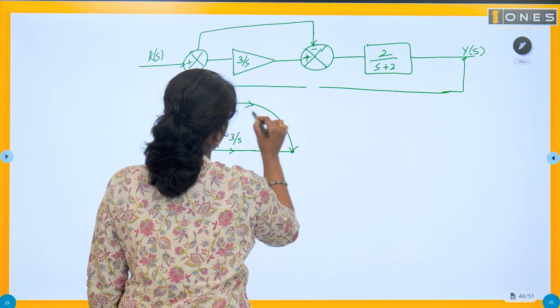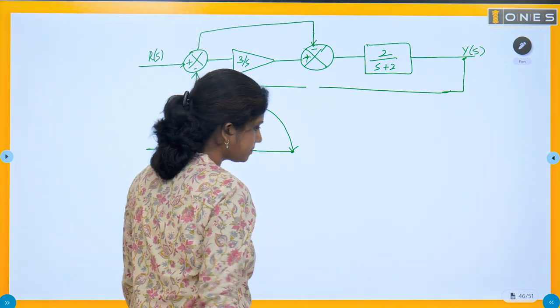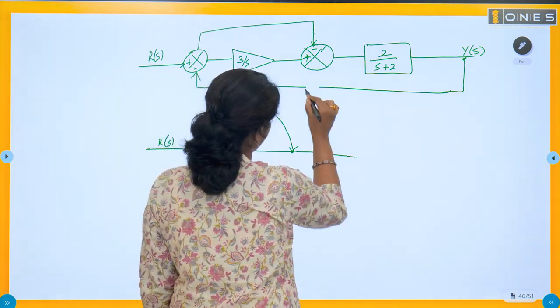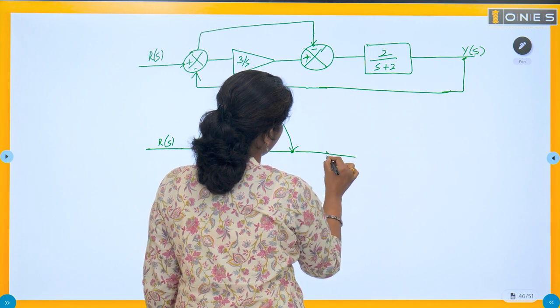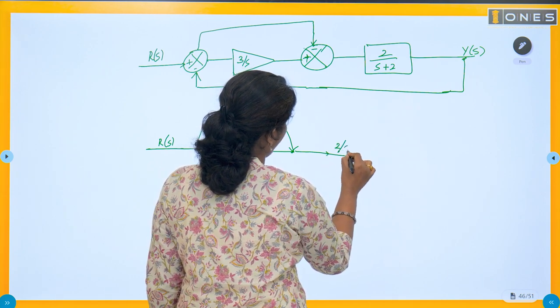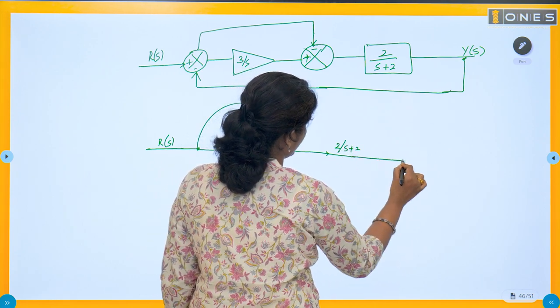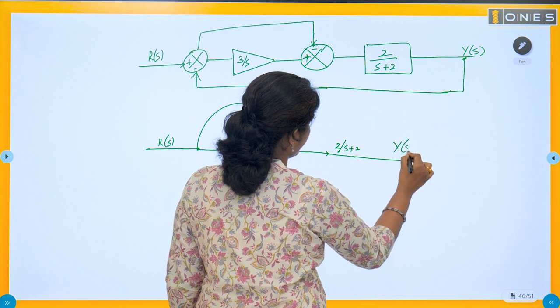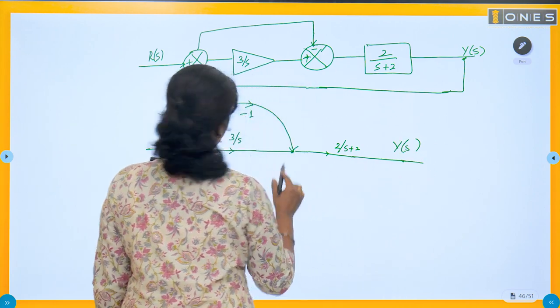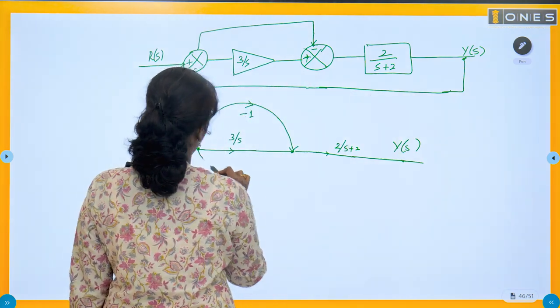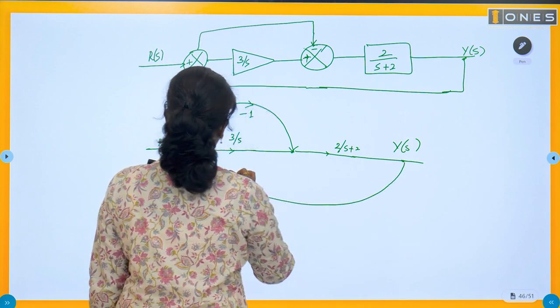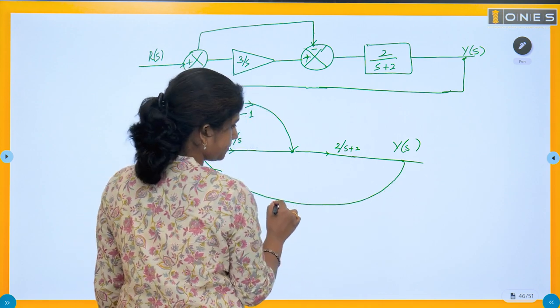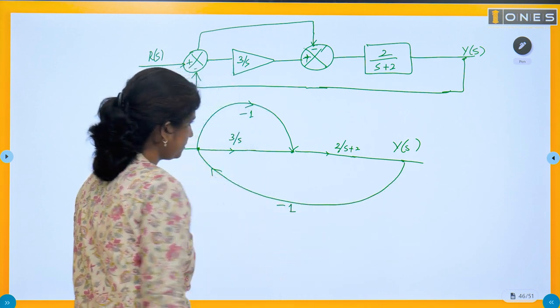This is plus and this is minus. So here it is minus 1. Then we have loop gain 2 by s plus 2. Okay, then output y of s. And from output y of s, it is fed back like this. Output is fed here to this node. Okay, so this is minus 1.